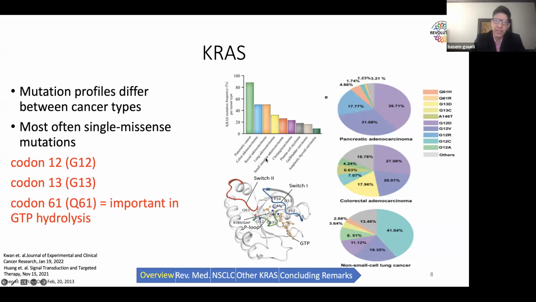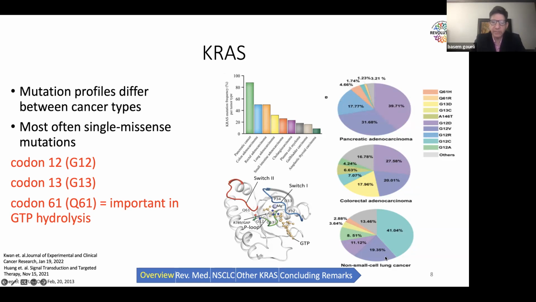Not just that, but the actual KRAS variant profile depends on the tumor type as well. So in pancreatic cancer, you see a predominance of G12D mutations, which we're going to talk about later. You also see G12V mutations, but you can see very little G12C. Well, I shouldn't say very little, but a minority of patients have a G12C mutation.